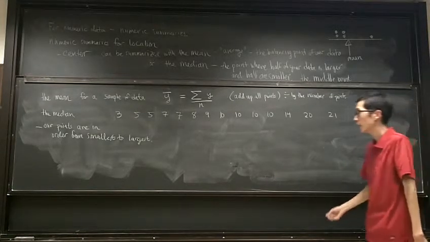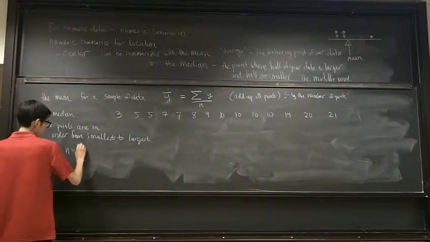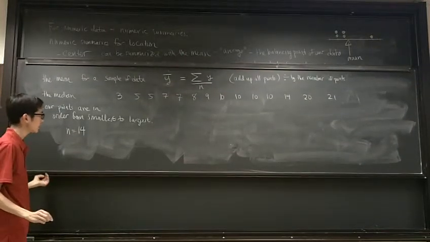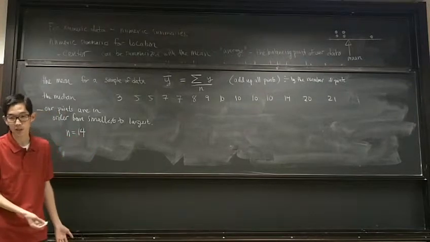So here, I have 14 data points. N is equal to 14. So the median is going to be the spot where I've got 7 numbers that are smaller and 7 numbers that are larger.